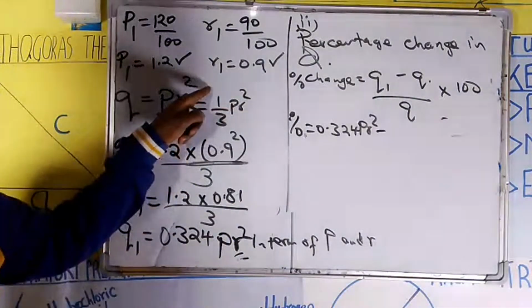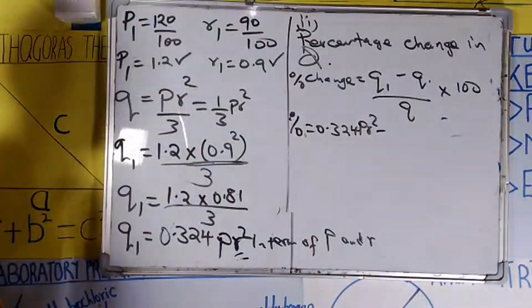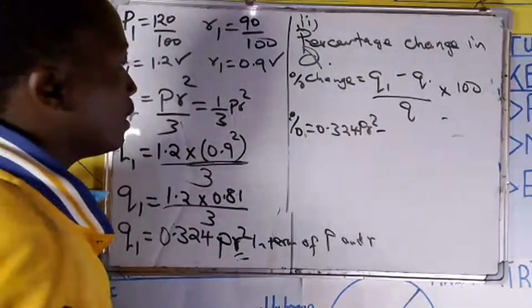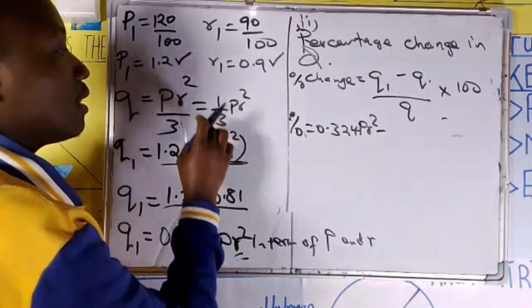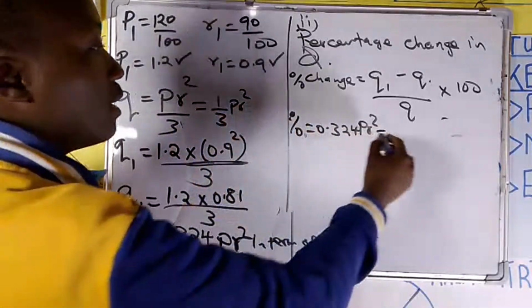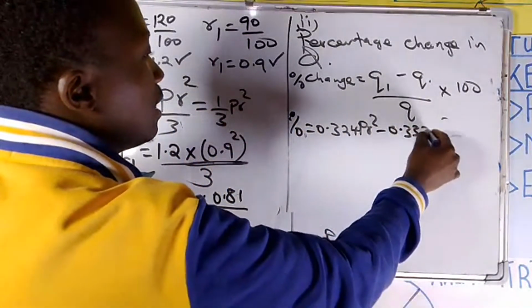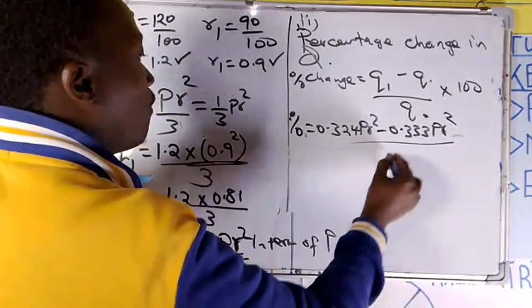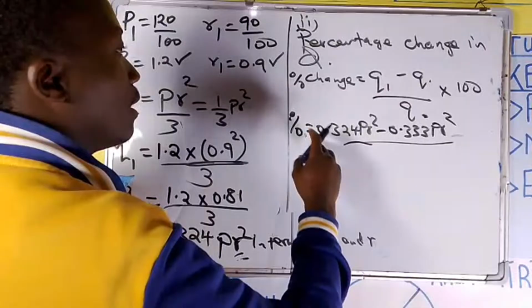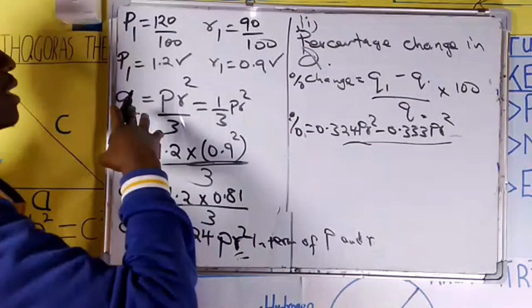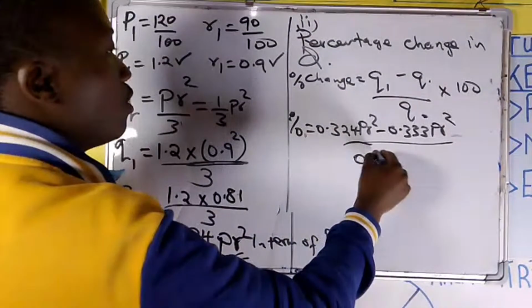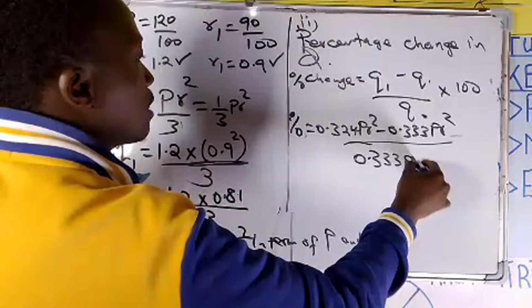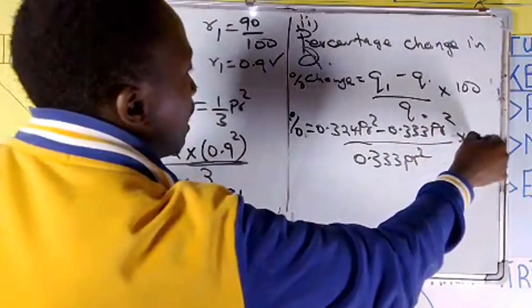If we divide 1 over 3, it gives us 0.333 recurring PR squared over the old, that is the new minus the old over the old, 0.333 PR squared, then times 100.